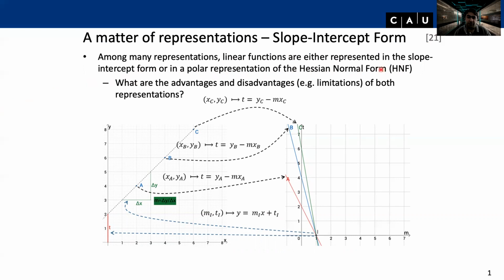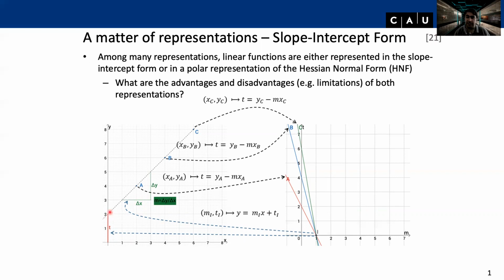So what are the advantages or disadvantages, and what do they actually mean? As an example, a line can be captured through the slope, so how steep is it going up or going down, as you can see here in this part. And we have the intercept, t. So we have m as the slope and t as the intercept.